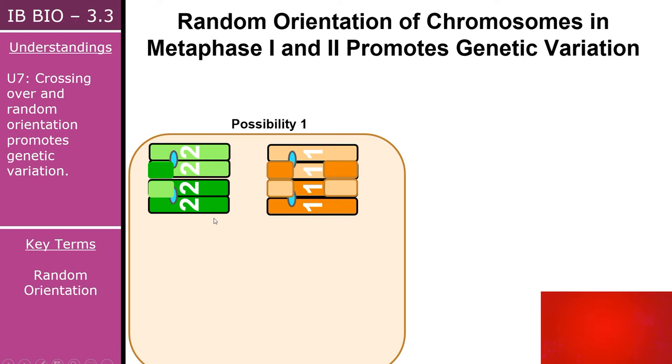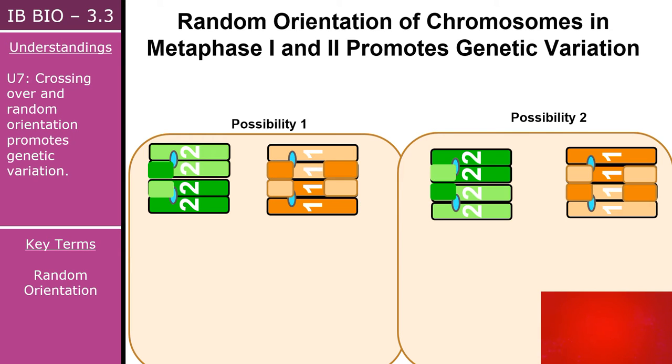In this case, my darker chromosomes are on the bottom and the lighter ones are on the top. But it could easily be that they're flipped. And in this case, I flipped them both, but it might just be one that flipped, right? So maybe in a different cell, the dark 2s are on top and the 1 is on the bottom. And you're going to get this for every single chromosome pair. So that's 2 to the 23 options that you have.